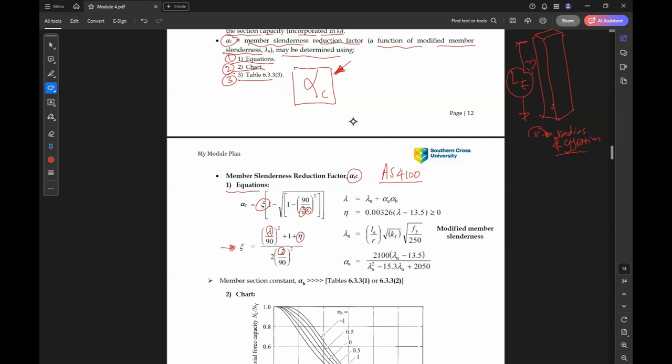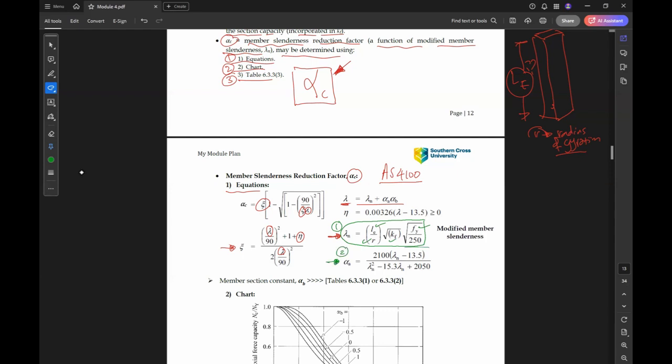So the first step is to find lambda equal to lambda n, where lambda n equals this formula. If we just order them, the first step is to find lambda n equal to that. L effective and R will be known, KF and F yield. Then after we get lambda n, we can find alpha A here.